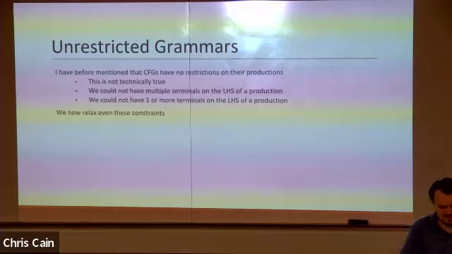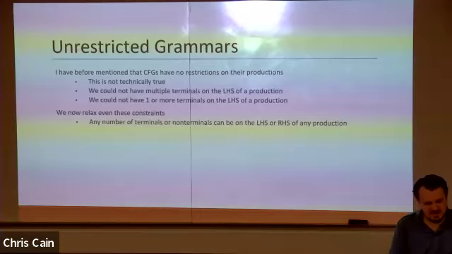We can now relax those constraints and ask, does a grammar that allows for arbitrary complexity on the left-hand side of the production allow us to represent some languages that we couldn't represent before? And do those classes of languages map to either of the classes of languages that we are currently talking about, recursive, recursively enumerable, or even not recursively enumerable?